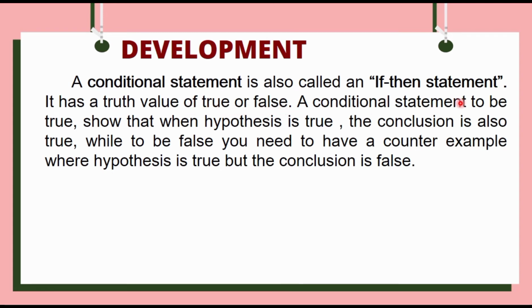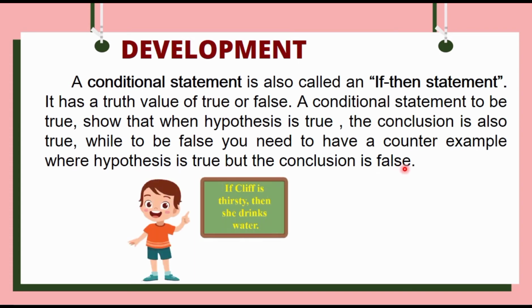A conditional statement to be true, show that when hypothesis is true, therefore the conclusion is also true. While to be false, you need to have a counterexample where hypothesis is true but the conclusion is false. So here, we have an example which is, if Cliff is thirsty, then she drinks water. So this conditional statement is said to be true.